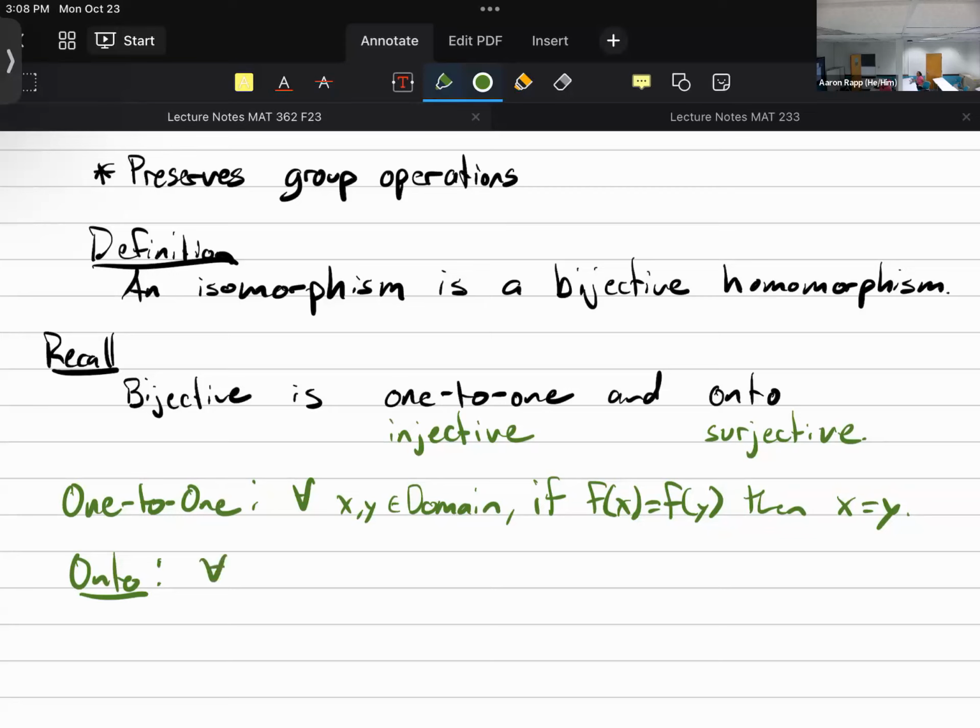So how an onto function is defined: for all elements in your codomain, so it's the set that you're mapping into, there exists something in your domain such that that output gets mapped.